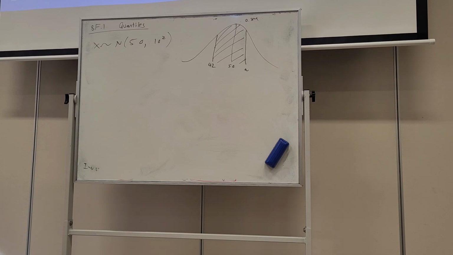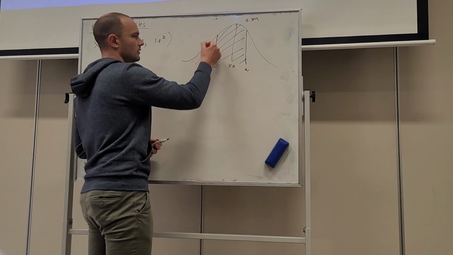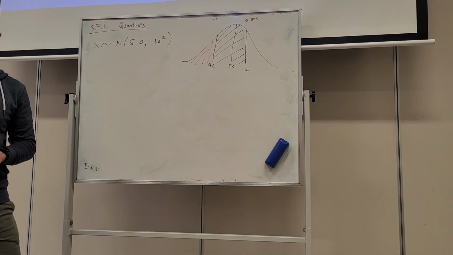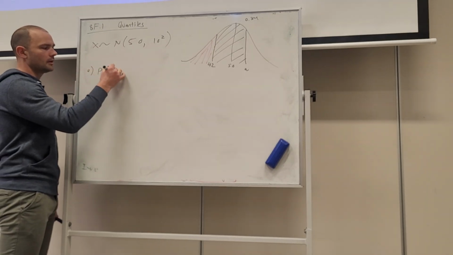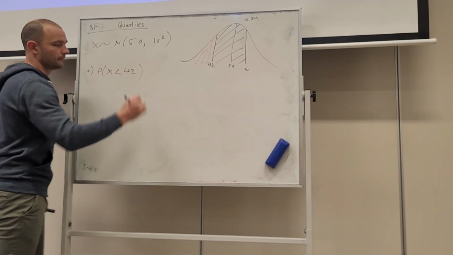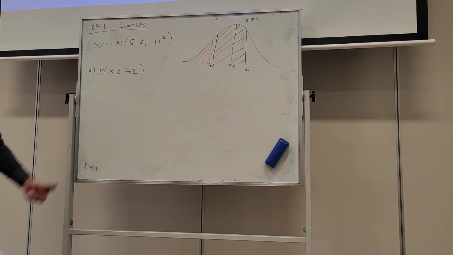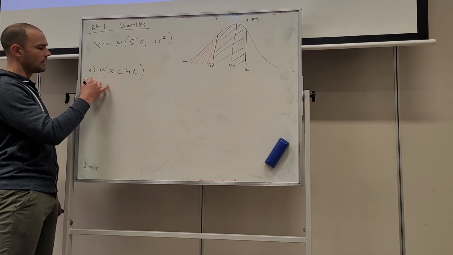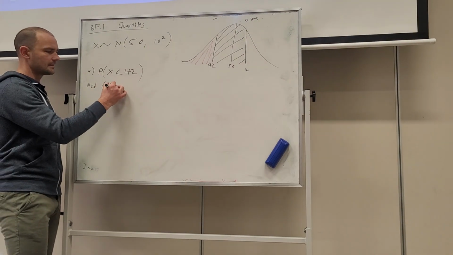So the way that we're going to do this is in 2 parts. This is a 2-part calculation. First, we're going to identify this area here. Okay, let's do that first. So our first question is, okay, well, what's the probability of our variable being less than 42? This is an NCD calculation. This was what we've covered in chapter 8 and chapter 9. This is just a basic normal distribution calculation. Our lower boundary is minus infinity.